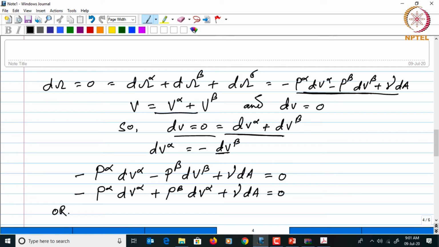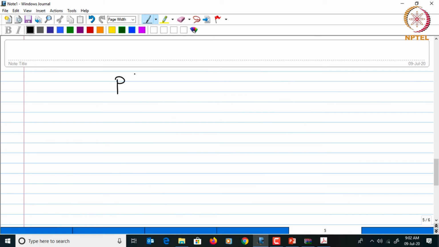Right, or if we rearrange little bit, we'll get this as this one, and from here we can write that P alpha minus P beta is equal to gamma dA by dV alpha.